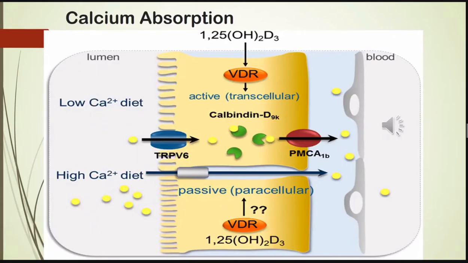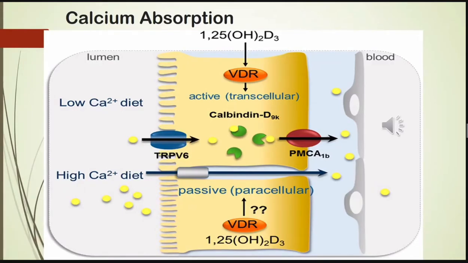Now, how is calcium absorbed? If you have a low calcium diet, absorption of calcium is really dependent on vitamin D. What happens is your calcium enters your enterocytes via TRPV6. It is then combined with calbindin and then transferred to the PMCA for export into the blood vessels.